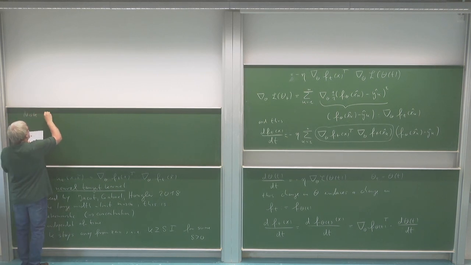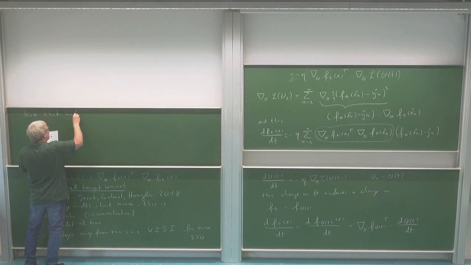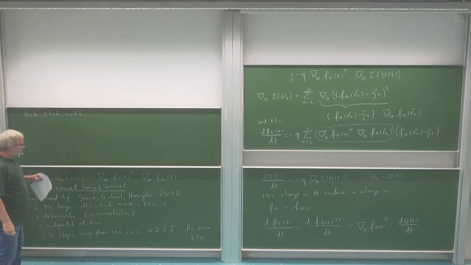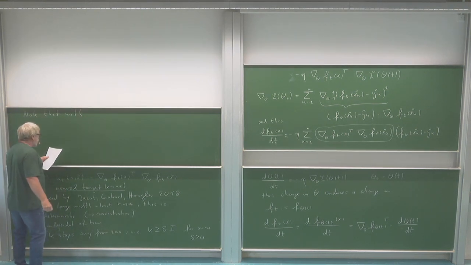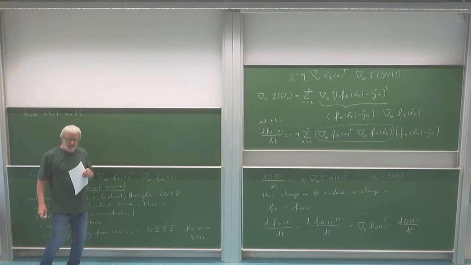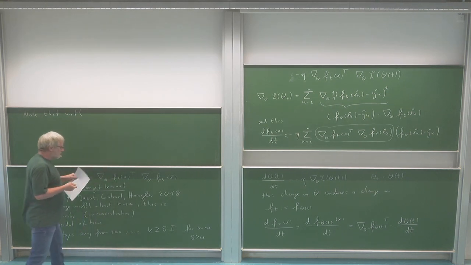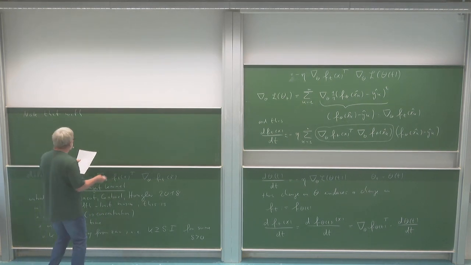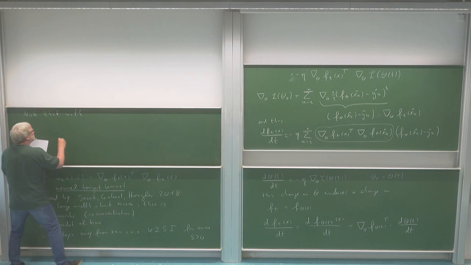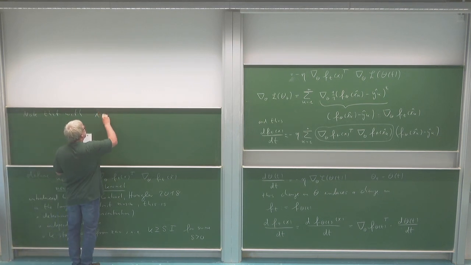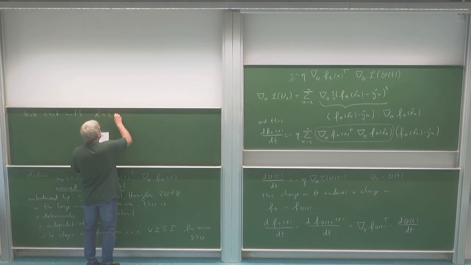note that if I collect my observations, x1 hat up to xn hat, into our data matrix, and also the y results into a corresponding vector. So namely, I'm writing x hat as the collection of x1 hat up to xn hat.